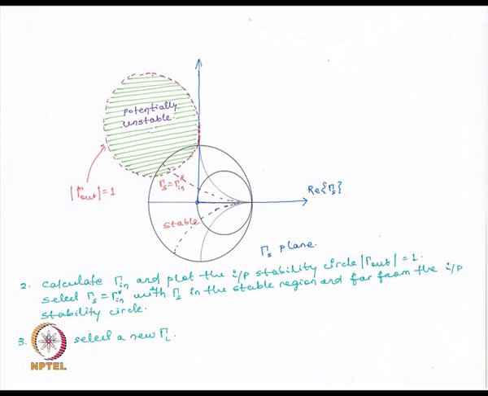So in summary, in this lecture we covered the bilateral cases. In the previous module we had only covered the unilateral transducer gain case.